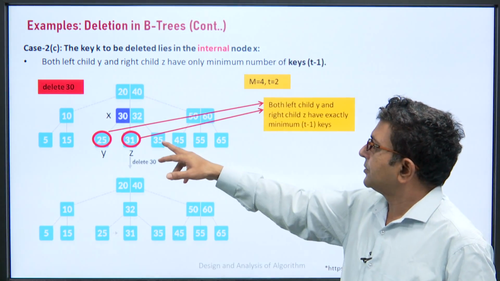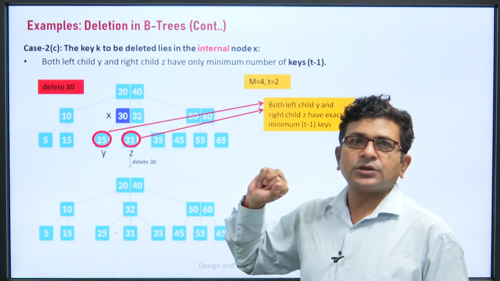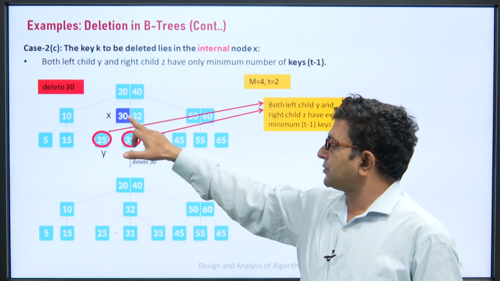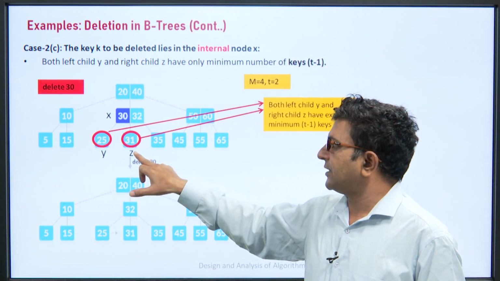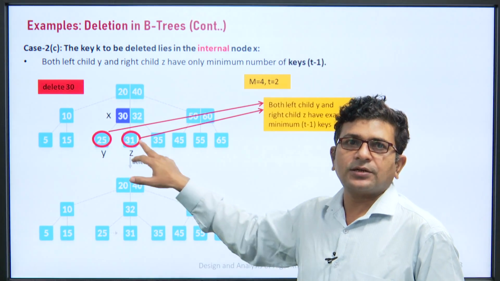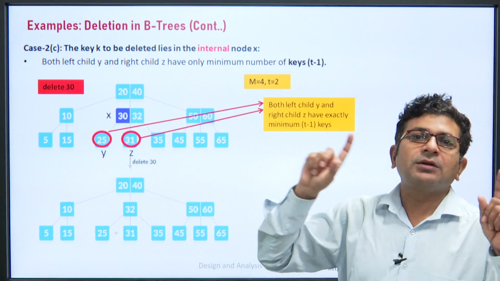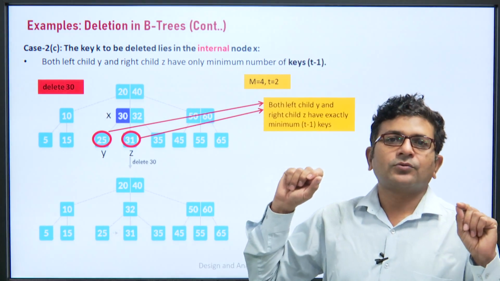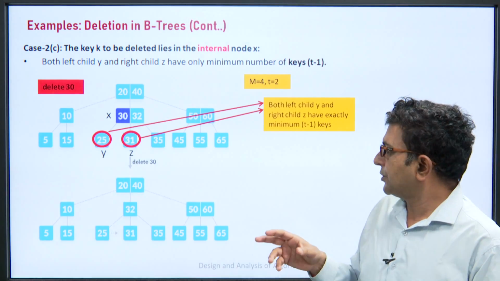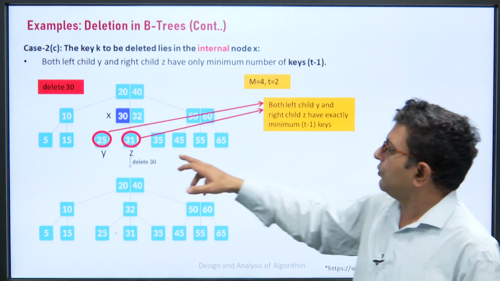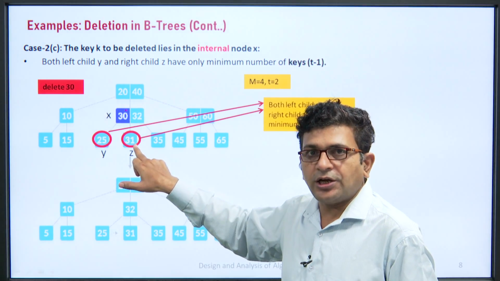Just see here, this is a B tree and we want to delete the key 30 from x, and for 30 the left child is 25 and the right child is 31, y and z. Both y and z nodes are having only minimum keys, only one key. So, we cannot borrow any key from these child nodes. So, in that case what do we do? We merge this key k along with this node z into y.